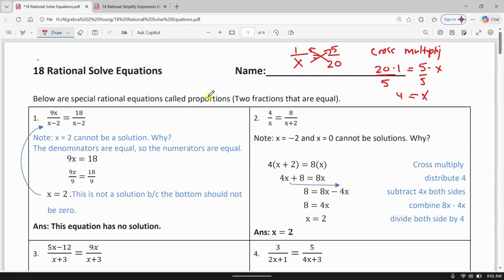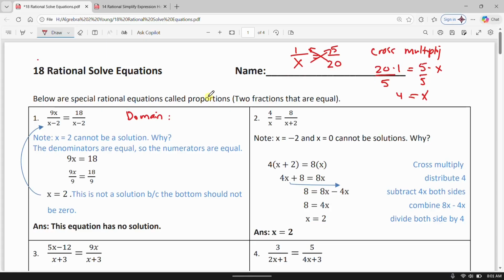So solving rational equations is exactly the same way as you solve proportion equations. You cross multiply and then you solve for x. Before we solve any rational equation, any time that you're dealing with a rational equation, you need to find the restrictions, or what we call the domain.